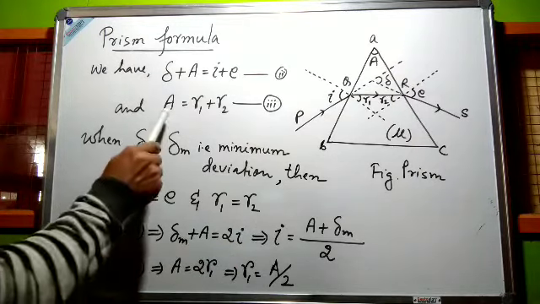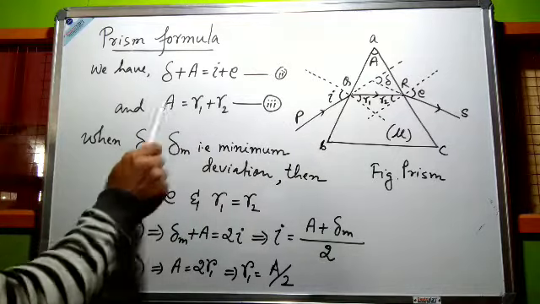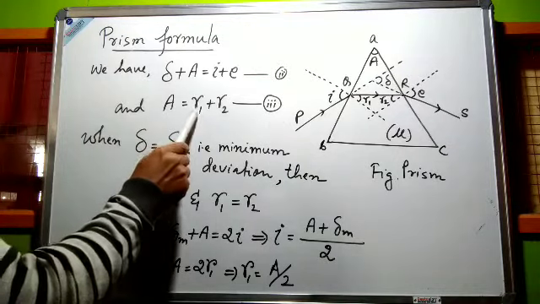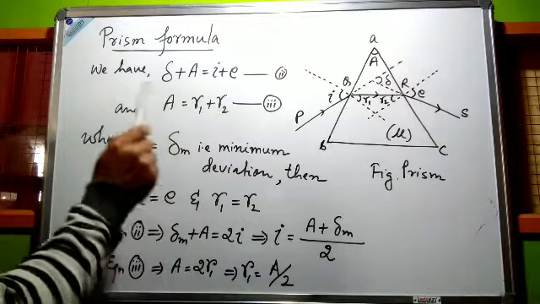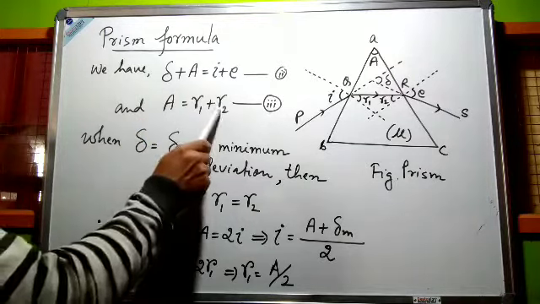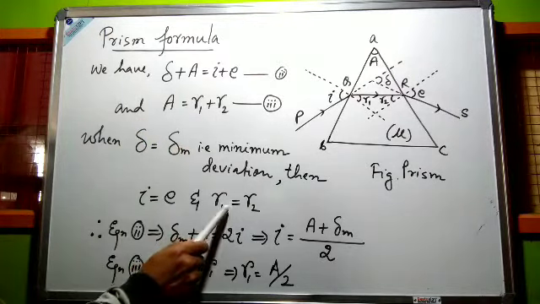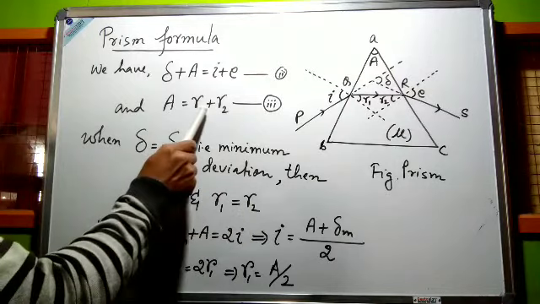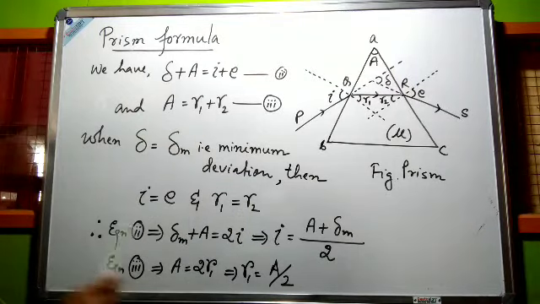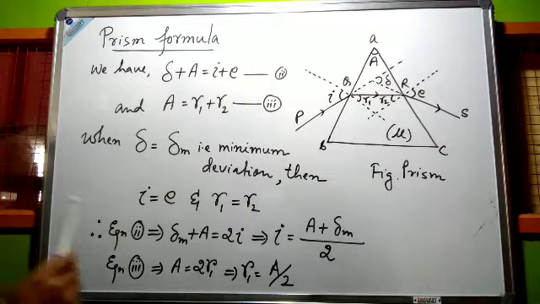Then again equation number 3: A equals R1 plus R2. At minimum deviation R2 equals R1, so R1 plus R1 is 2R1, A equals twice R1, so R1 equals A by 2.